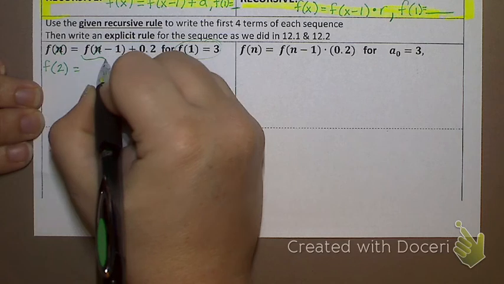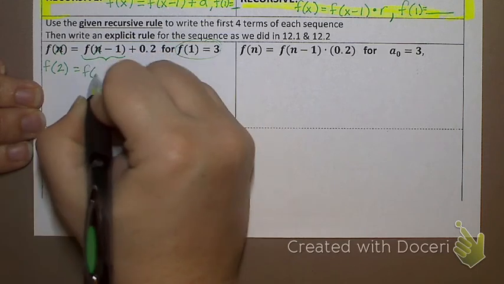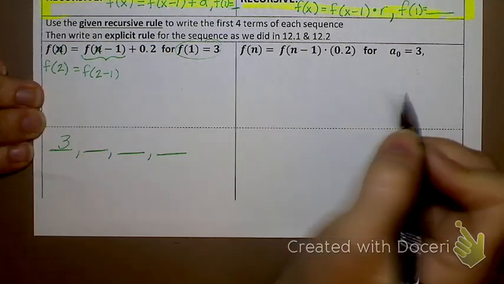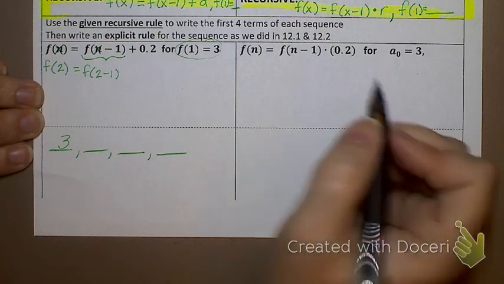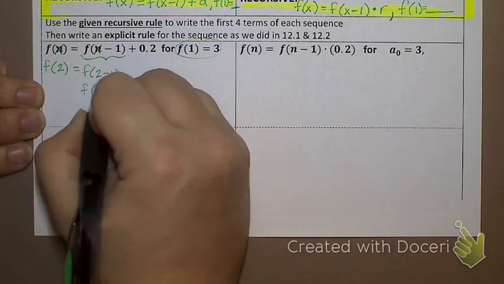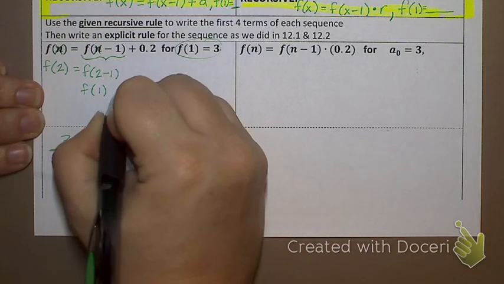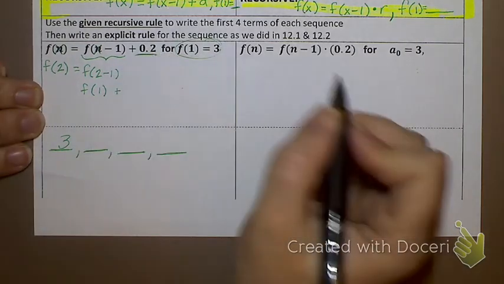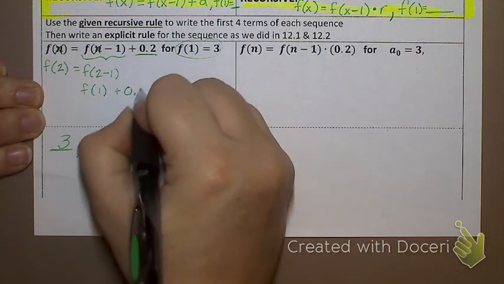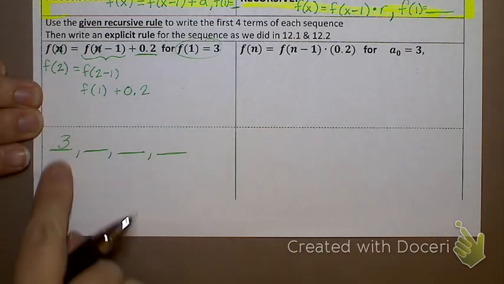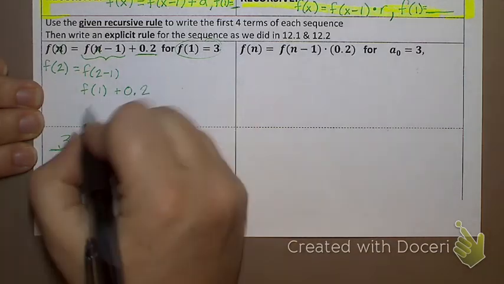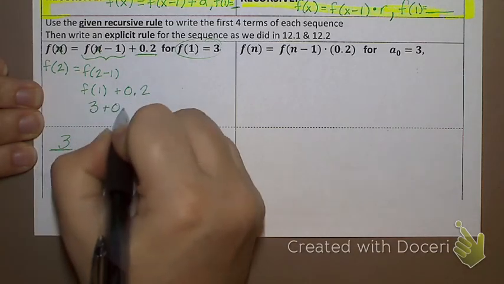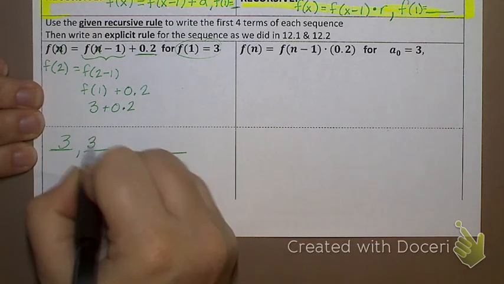I take the f of 2 minus 1. Well, what's 2 minus 1? That means they're asking for the first term, and what am I going to add to it? 0.2. So what is 3 plus 0.2? 3.2.